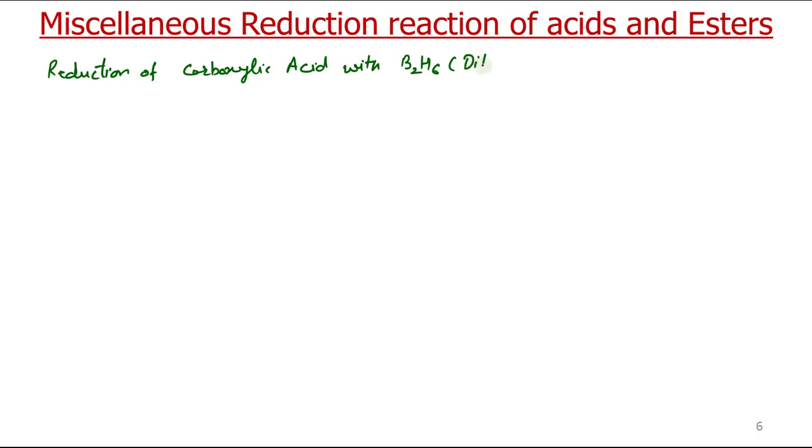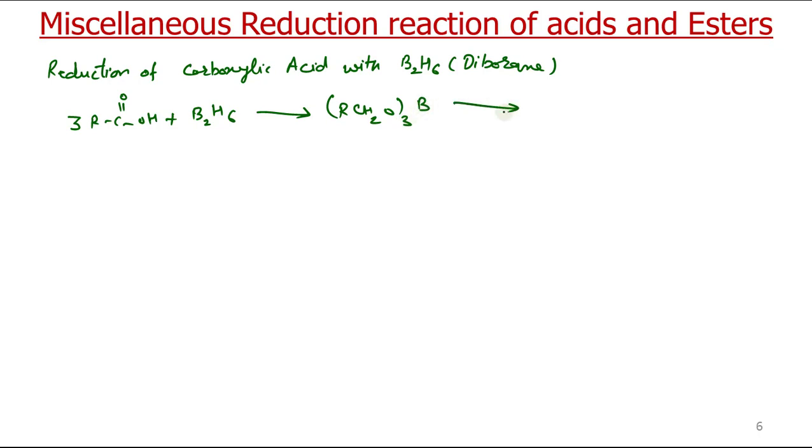The reaction is RC double bond OH plus B2H6. First we get RCH2O thrice B, and upon acidic hydrolysis with H3O positive we get RCH2OH. So the product is a primary alcohol.